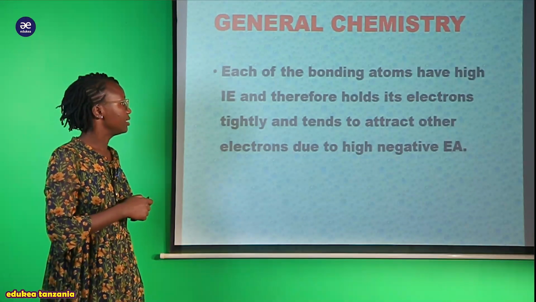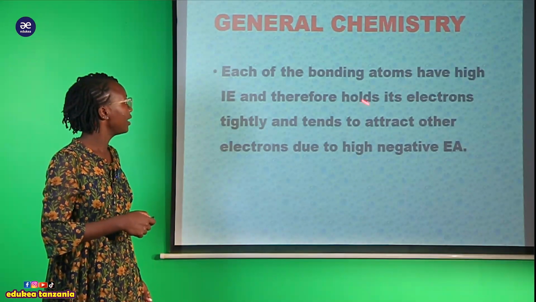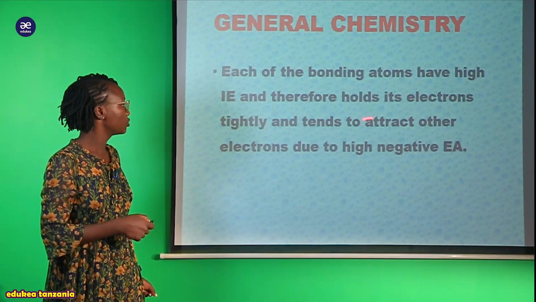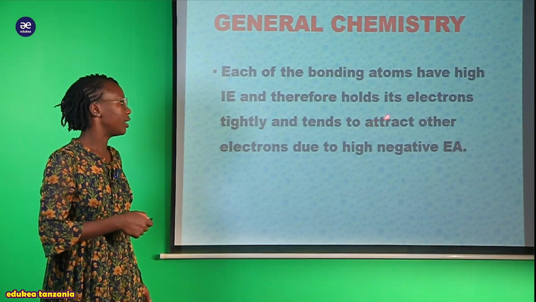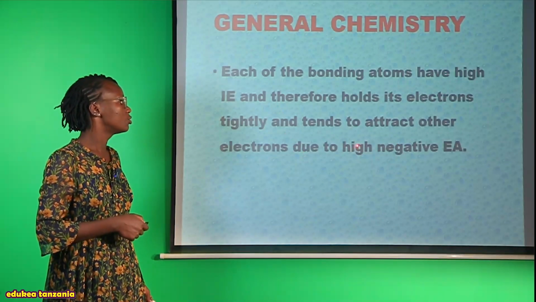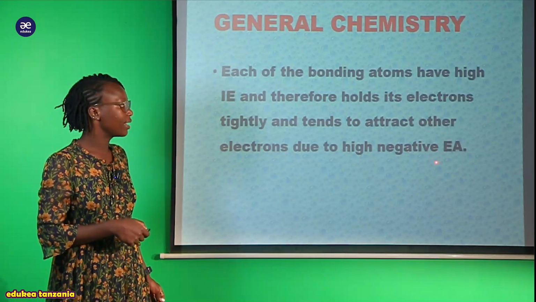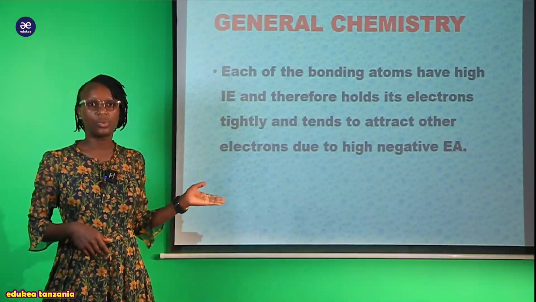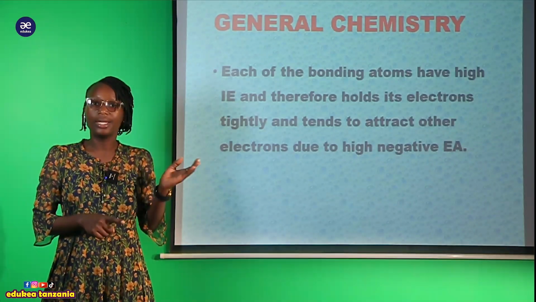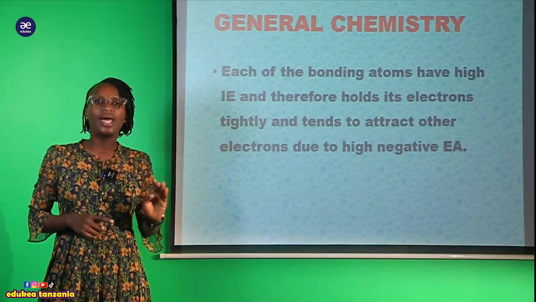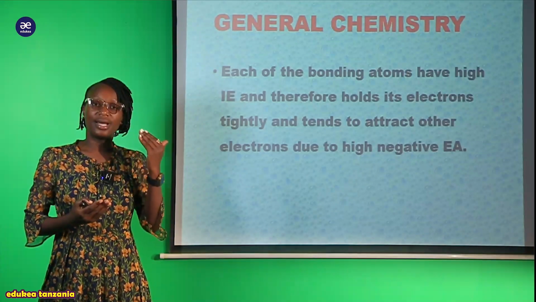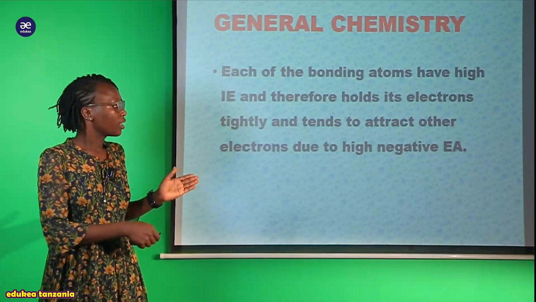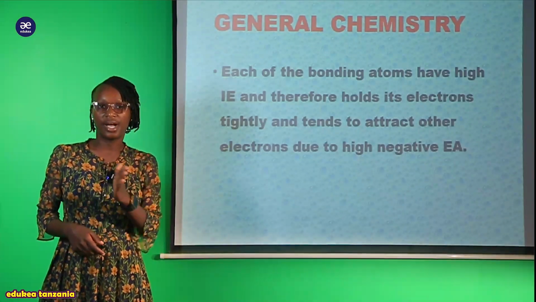So now you can see that each of the bonding atoms has high ionization energy and therefore holds its electrons tightly and tends to attract other electrons due to high negative electron affinity. If you remember this word IE and EA, tuliona kwamba IE ni abbreviation ya ionization energy, lakini EA ni electron affinity.